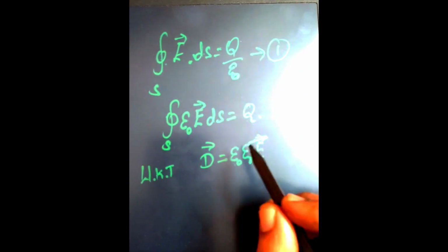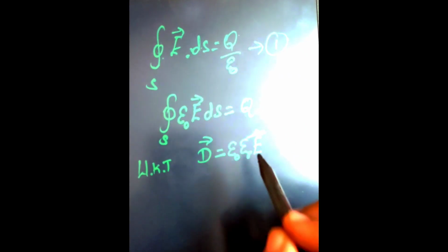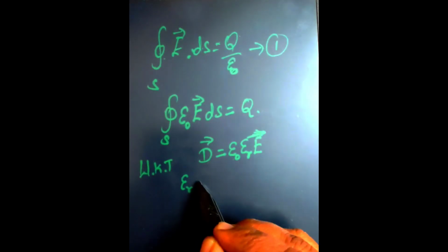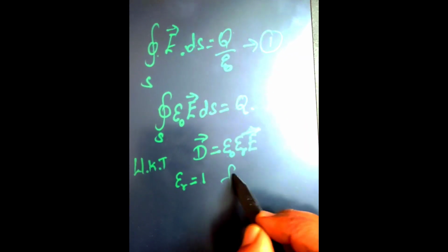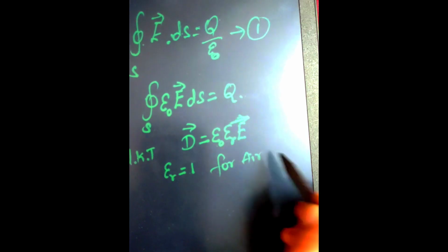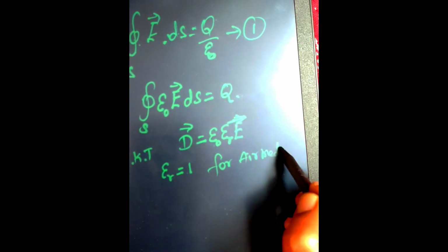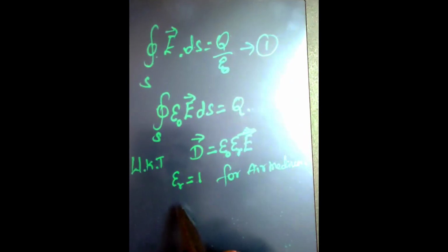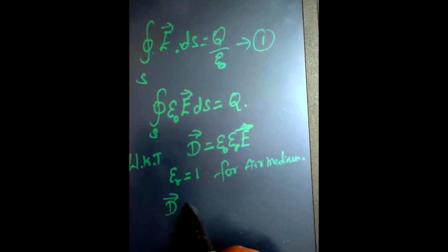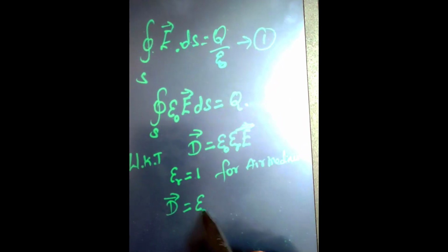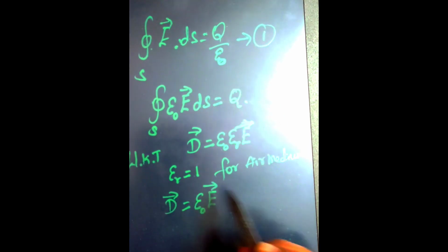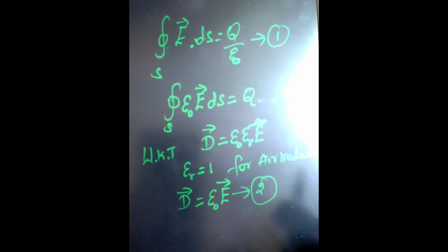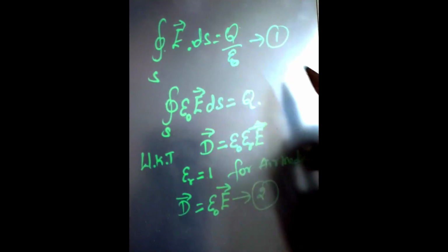Here epsilon r is equal to 1, that is the relative permittivity for air medium, which is considered as 1. On substituting this in the above equation, the displacement vector D is equal to epsilon naught E vector. Let us take this as the second equation.